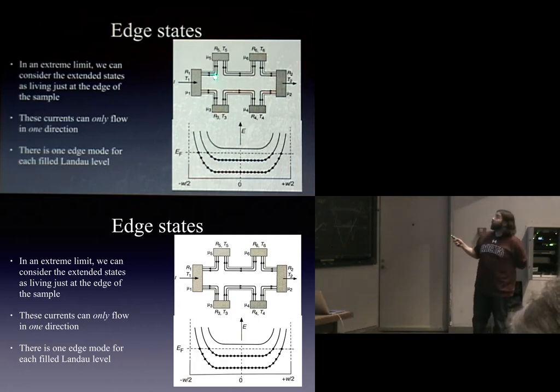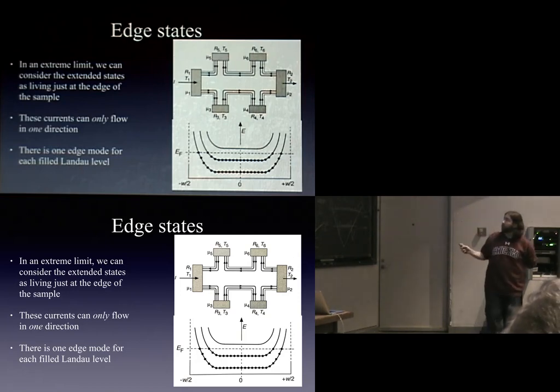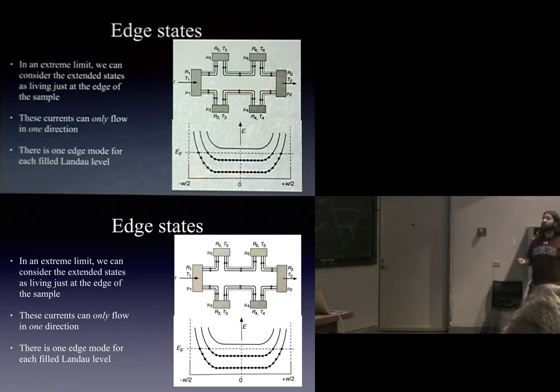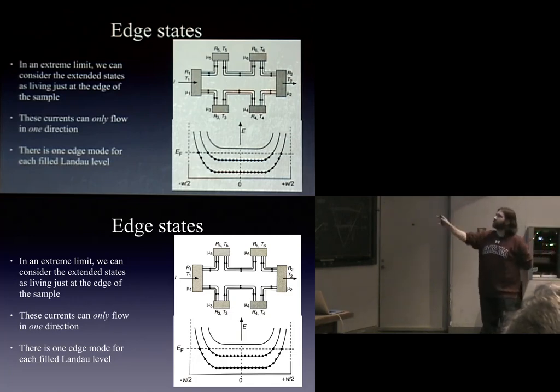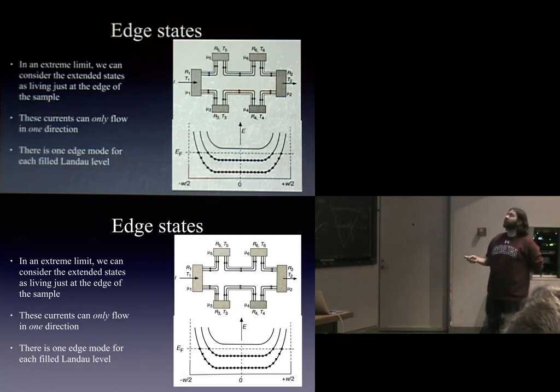So objects get stuck, or the physics nomenclature is that they get localized. So electrons in the bulk are localized, they can't transport charge, and only electrons on the edge can transport charge. The interesting thing is that they can only flow charge in one direction, which is not at all obvious. It's a consequence that you find. And the idea is that for every filled Landau level in that crude Landau level picture, there's one edge mode.